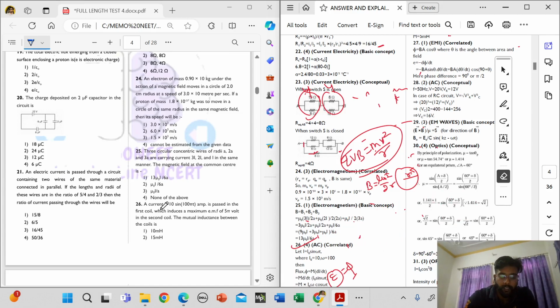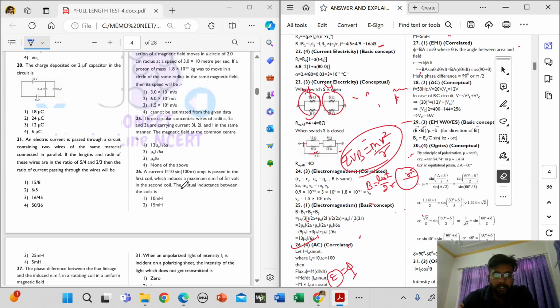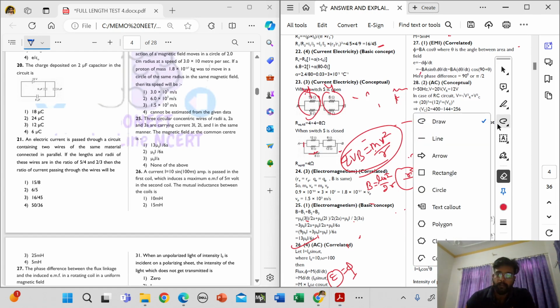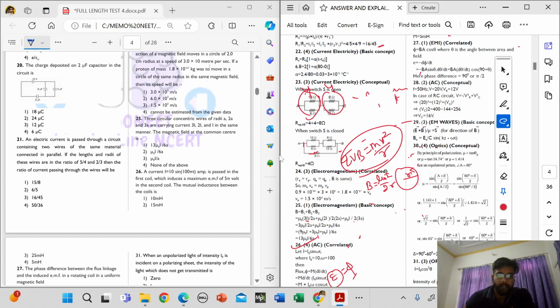Now next, a current I equal to 10 sin 100 pi t is passed in the first coil, which induces a maximum EMF of 5 pi volt in the second coil. Find the mutual inductance between the coils. Given that I is equal to I naught sin omega t, we know that it is alternating current. Given here is 10 sin 100 pi t.